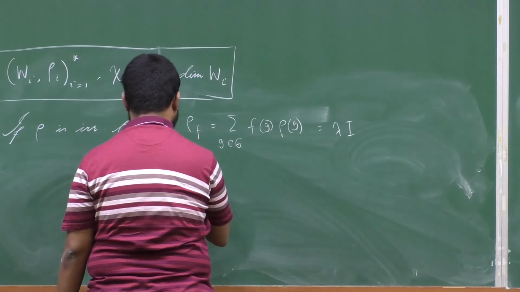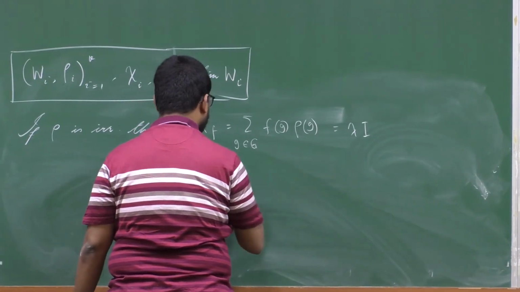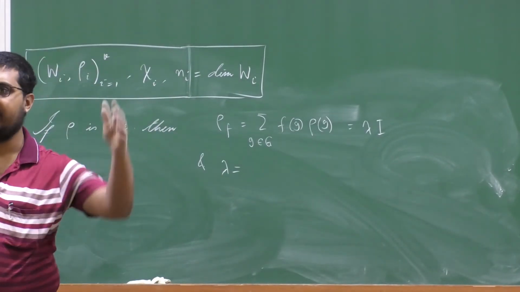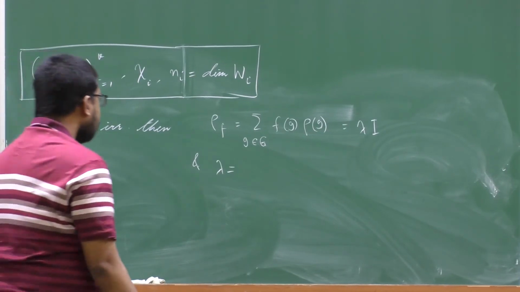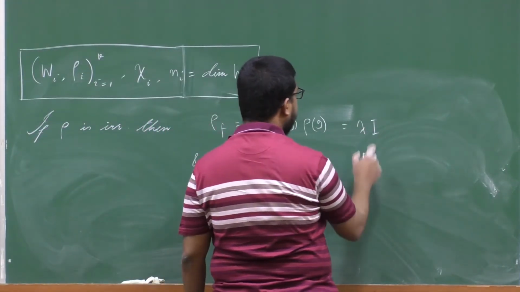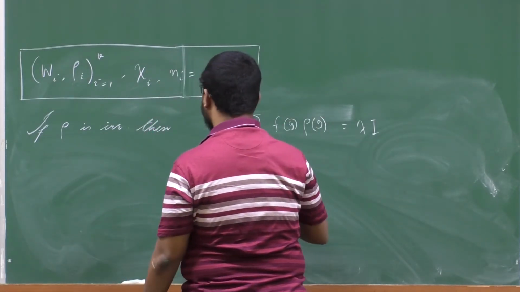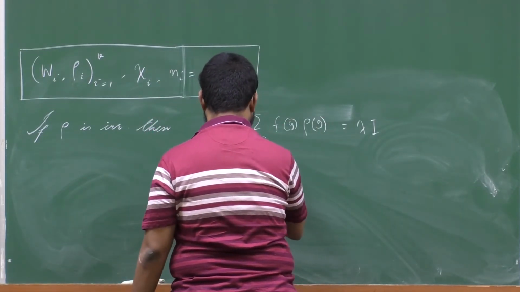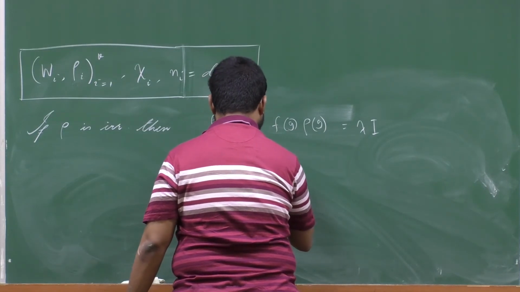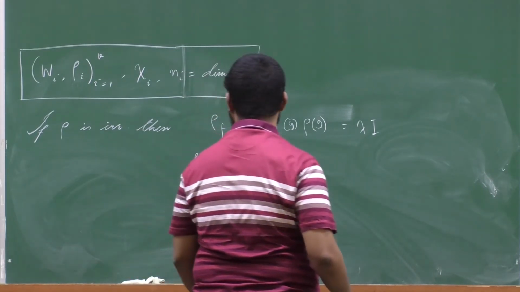And what is that constant? The constant is obtained by considering the trace. The trace of the right hand side will be lambda times the dimension of V. So lambda will be 1 by dimension V times the trace of this.